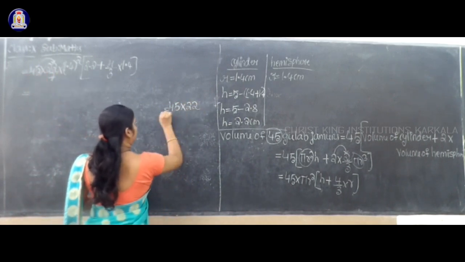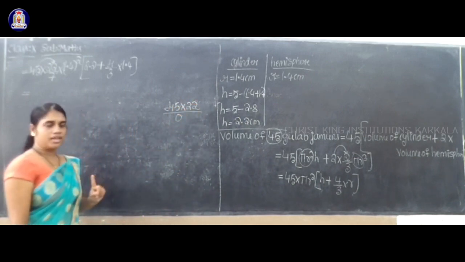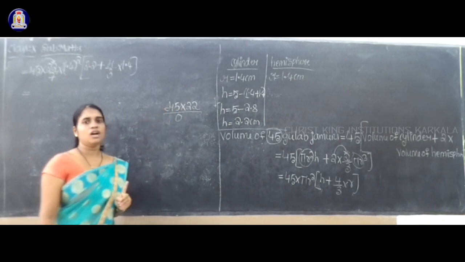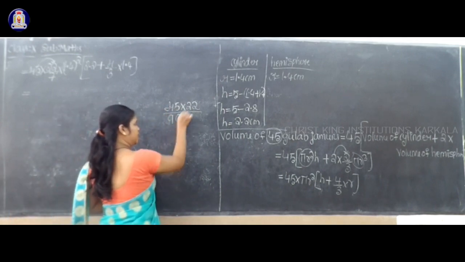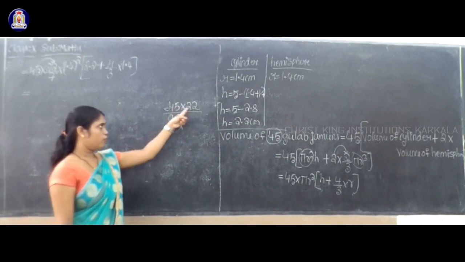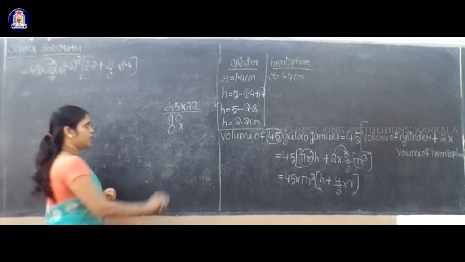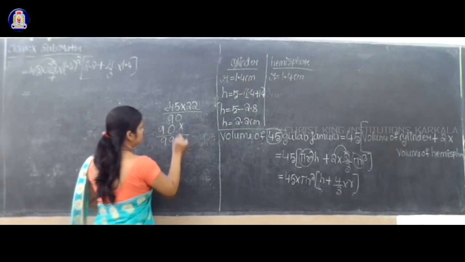45 into 22. Okay, 5 2s are 10, 1 carry, 4 2s are 8, 8 plus 1 how much? 9. So how much you will get? 990.